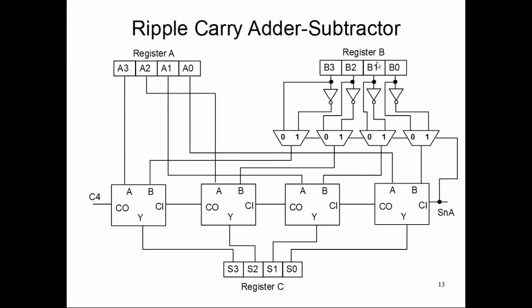So I deploy a multiplexer. The multiplexer chooses between my inverted bit, the complementary bit in terms of logic, or the uncomplemented bit, depending on whether the selection bit is 1 or 0.